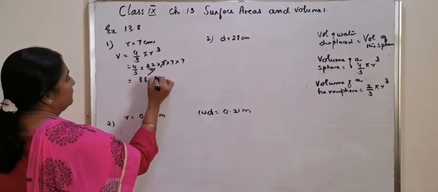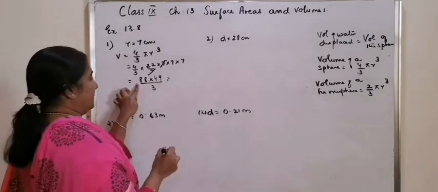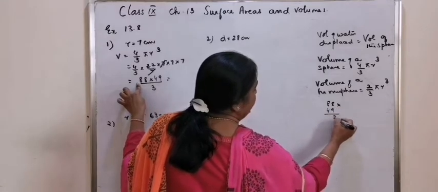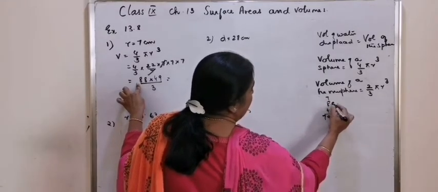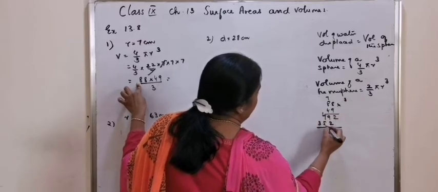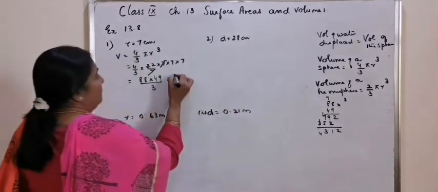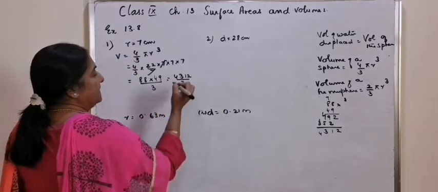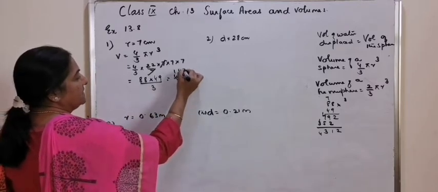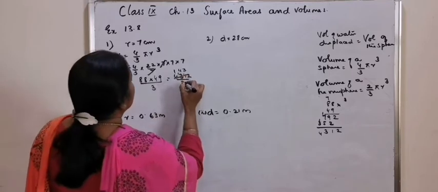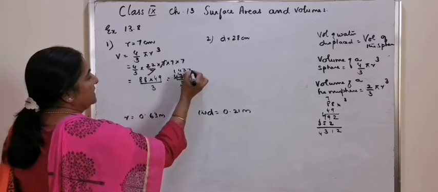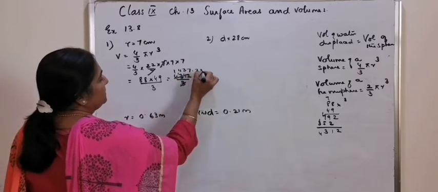88 into 49 by 3. 88 into 49. 8 9s are 72, carry 7. 8 4s are 32, 32 plus 7, 39. 4,312 divided by 3. 3 1s are 3, 3 4s are 12, 3 3s are 9, 3 1s are 3, 12, 3 7s are 21. 1437.33.